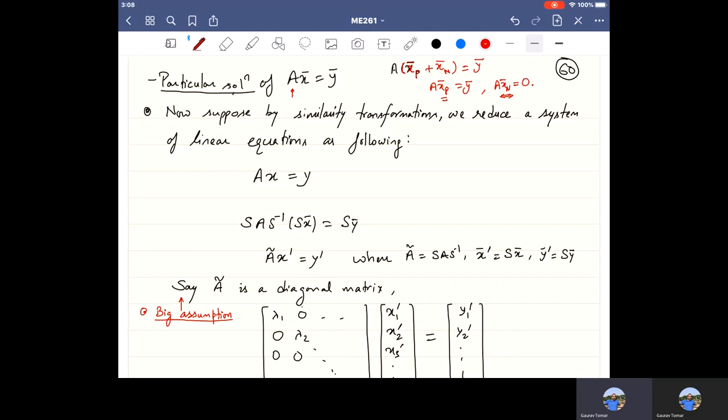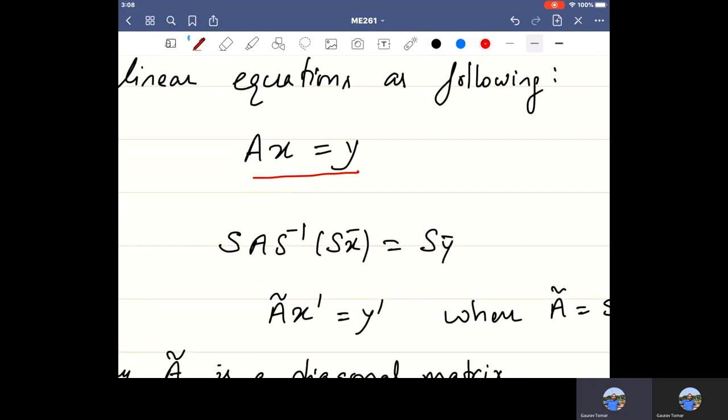So let's say, by performing some similarity transformation, we can reduce a system of linear equations. Let's say we start with Ax equal to y, and then we perform these similarity transformations and change the basis for this vector representation.